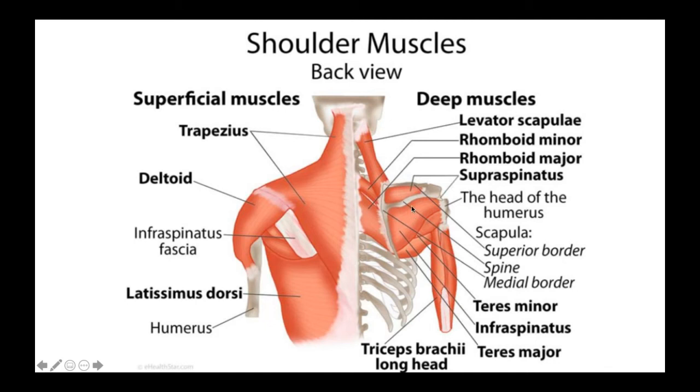Then we can see 3 of the 4 rotator cuff muscles. The key landmark of the scapula is this, which is the spine of the scapula. So there's the supraspinatus, there's an infraspinatus, and then there is a teres minor muscle. Those 3 muscles, the supraspinatus, infraspinatus, and teres minor, are 3 of the 4 rotator cuffs, SIT.